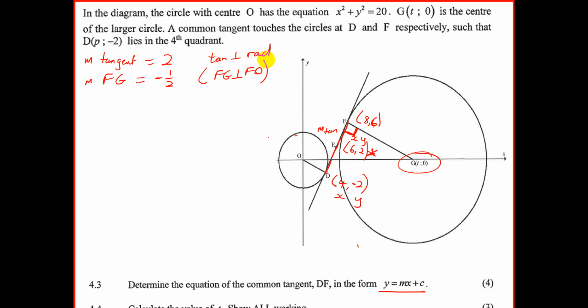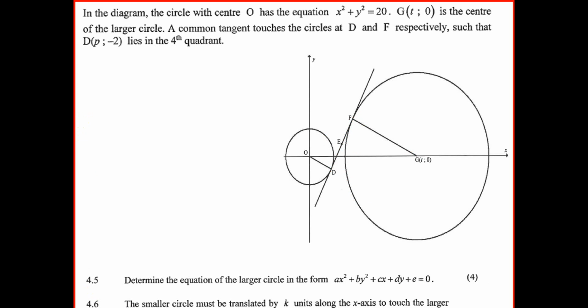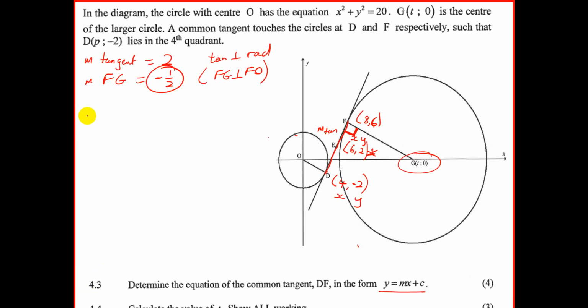Now if we look at F and G, we can use those 2 points to find the gradient and form an equation, because we have the gradient equal to minus half. So let's quickly find out the gradient. I just want to change the color. We want to know the gradient of FG using the coordinates.